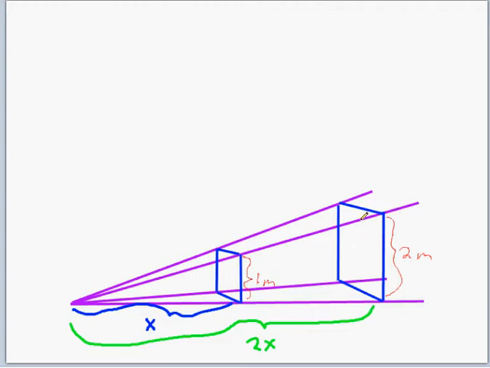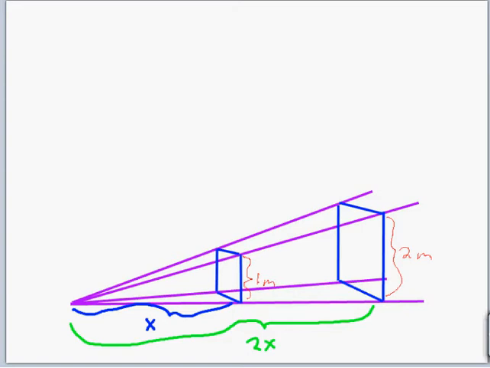It's just similar triangles: if this is 1 meter, this is going to be 2 meters.